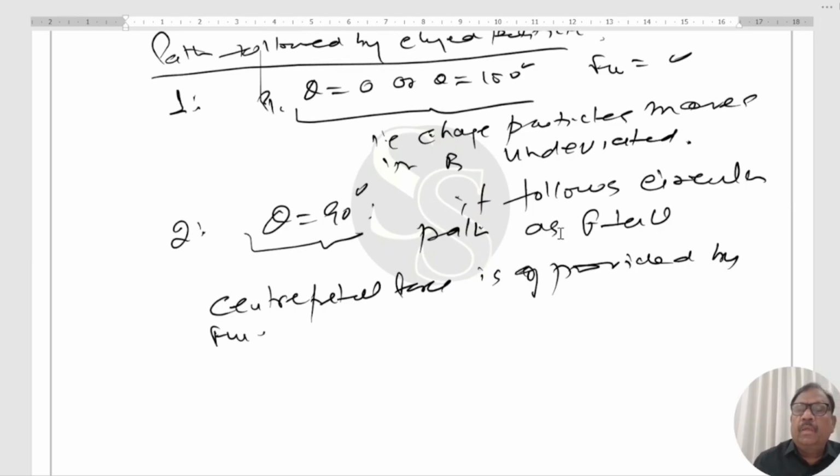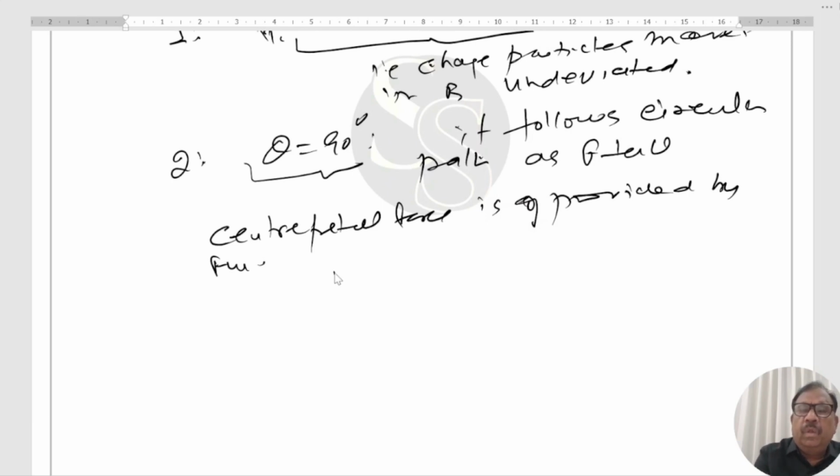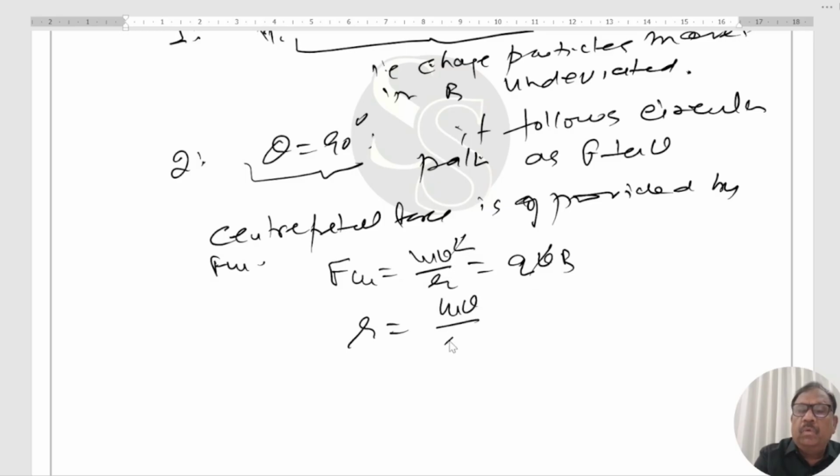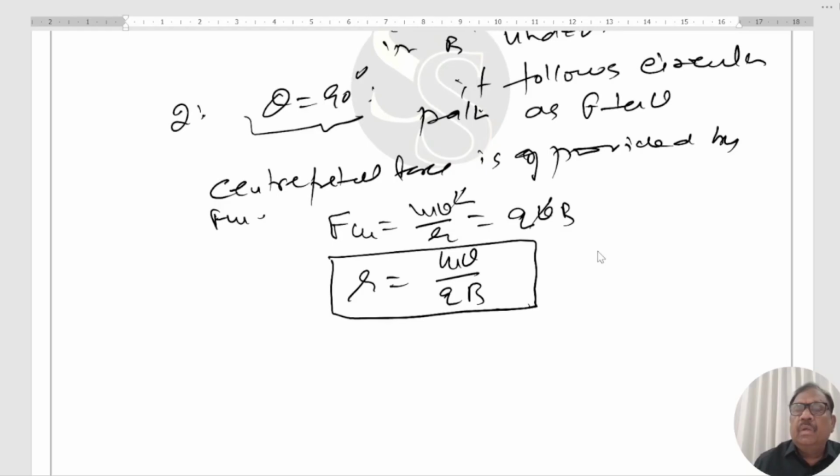Therefore, Fm provides mv squared by r, that is qvB. Then r comes out to be mv over qB.